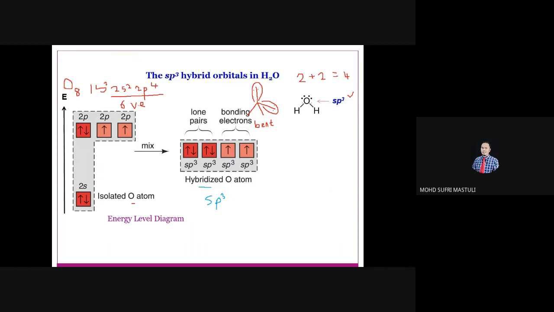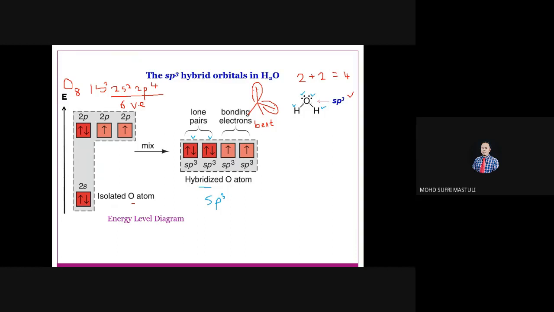No transition of electrons. These two remain as lone pairs. Lone pair for this one, lone pair for this one. And the other two will share their electrons with another hydrogen, and this one will be shared with another hydrogen.